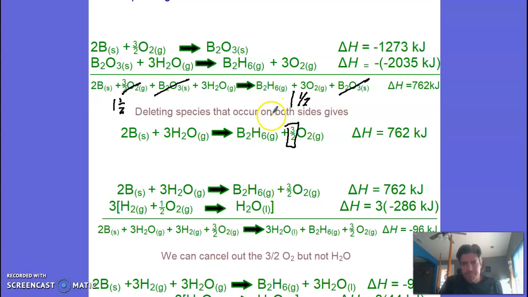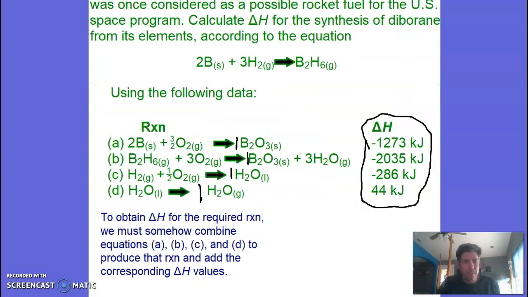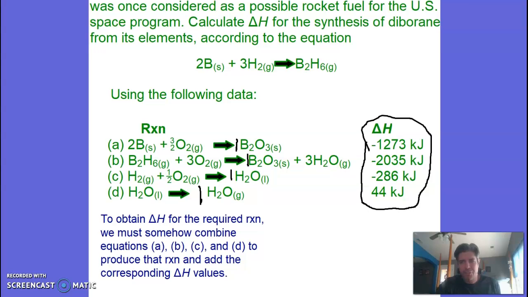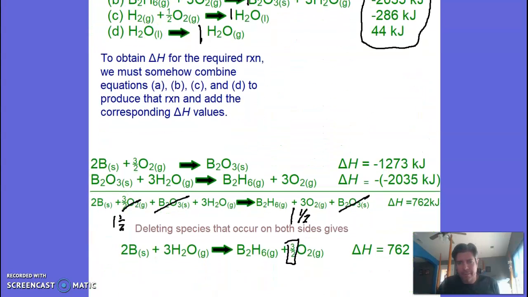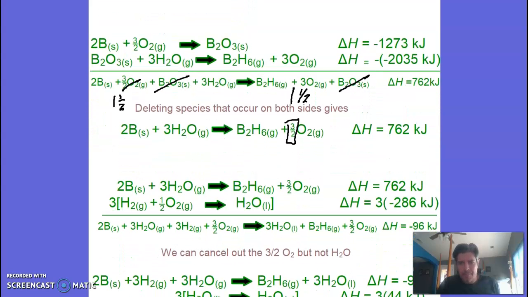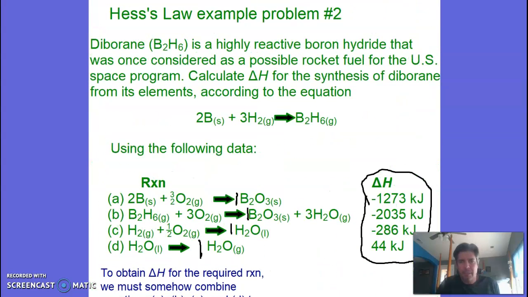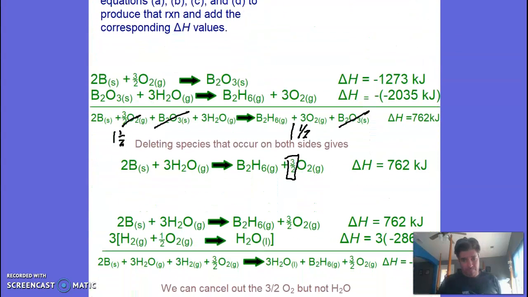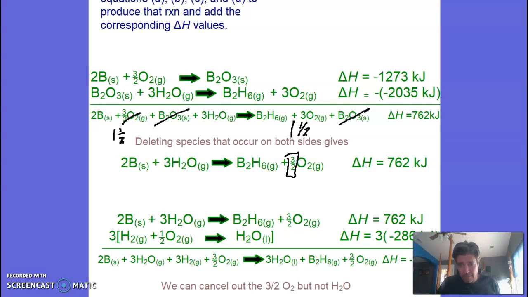So now we have this as our reaction, and now we add the third, the reaction C here, which is H2 plus half O2 gives 1 water. And so you can see, from what we're trying to get, go back up here, we want to have 3 H2s on the left, on our reactants side.